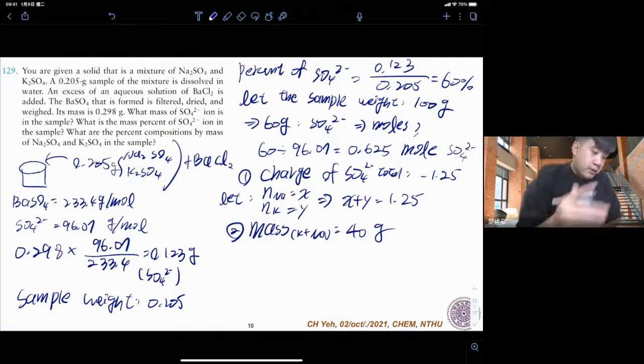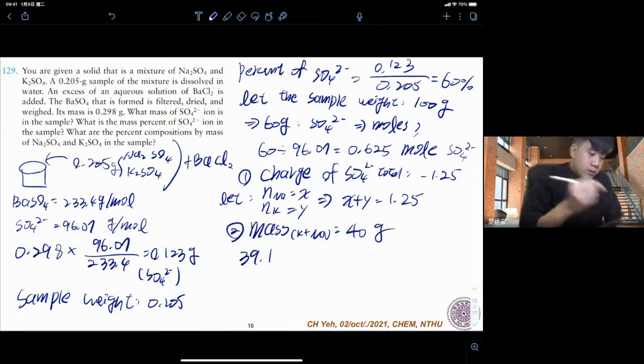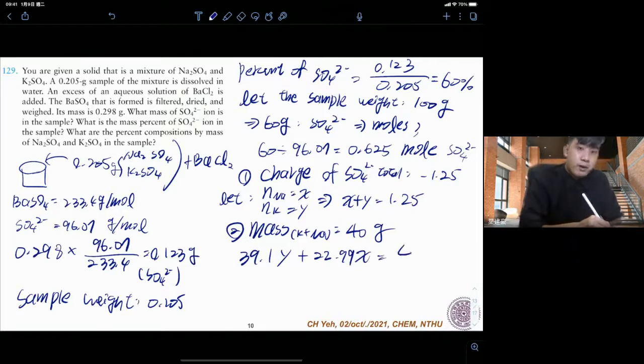So we can simply calculate. 39.1 is the molar weight of potassium, so 39.1 times Y, and 22.99 is the molar weight of sodium, so 22.99 times X, and together they equal 40.